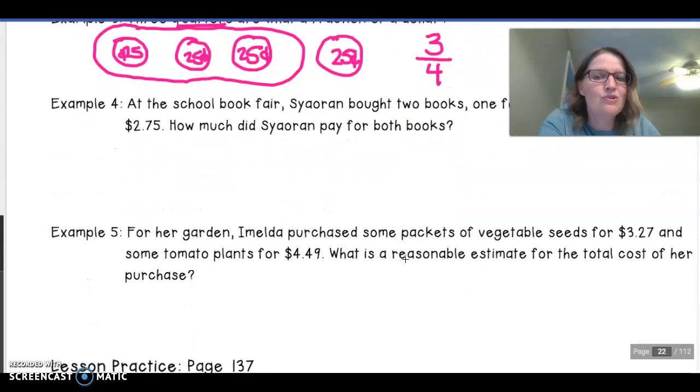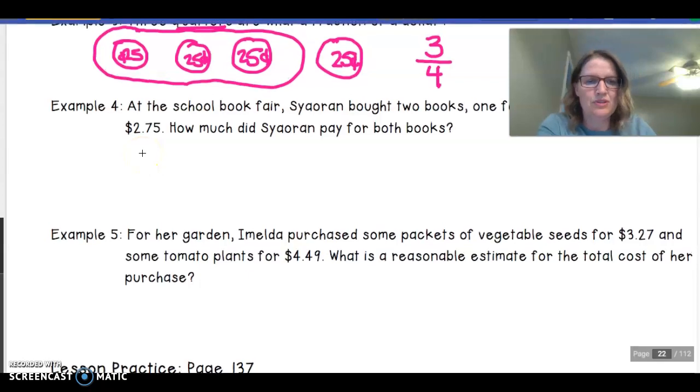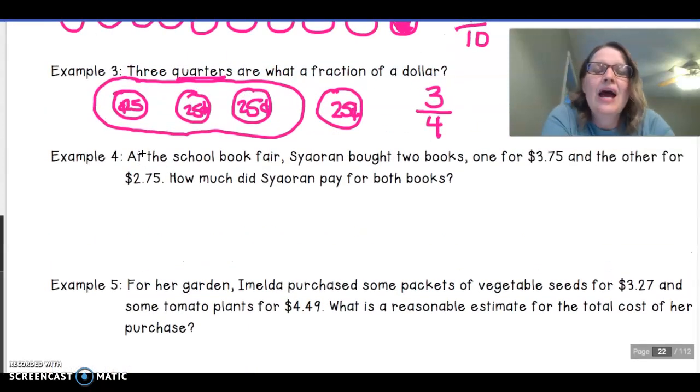And now number 4. At the book fair, Sayorin bought 2 books, one for $3.75 and the other for $2.75. How much did Sayorin pay for both books?